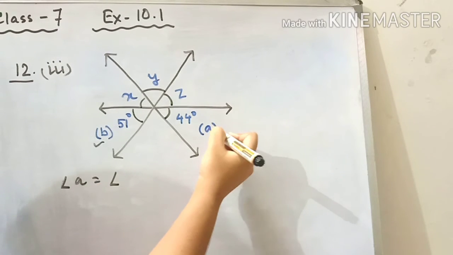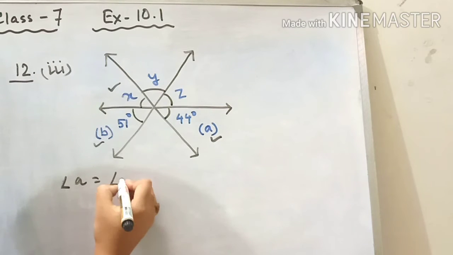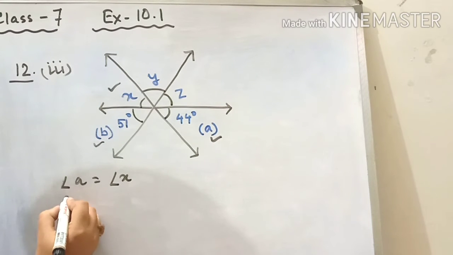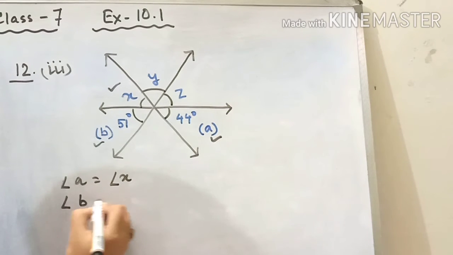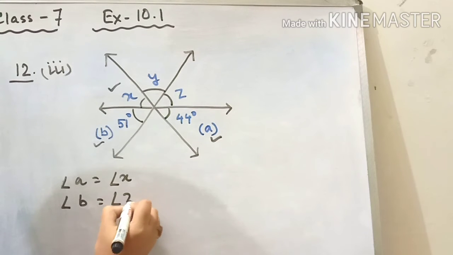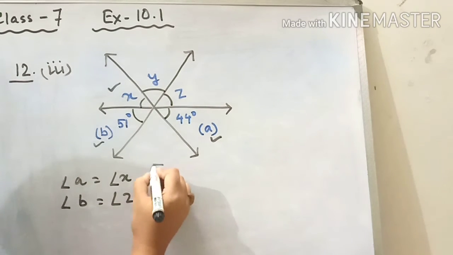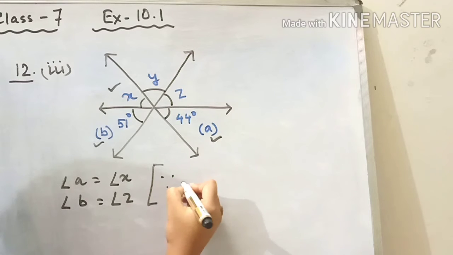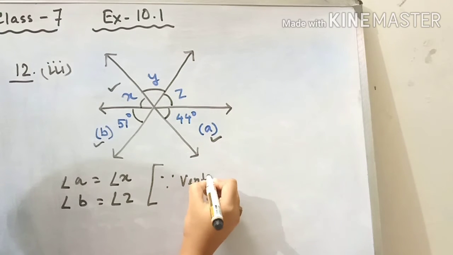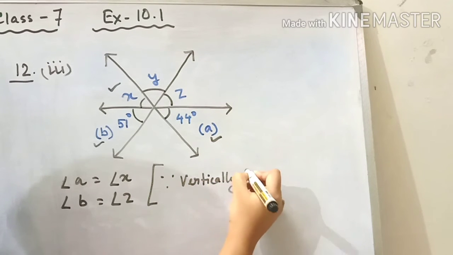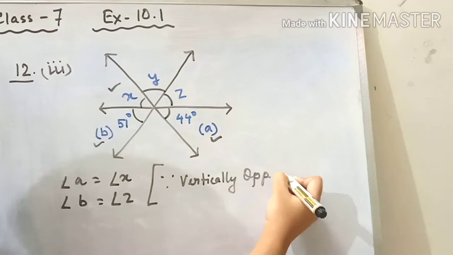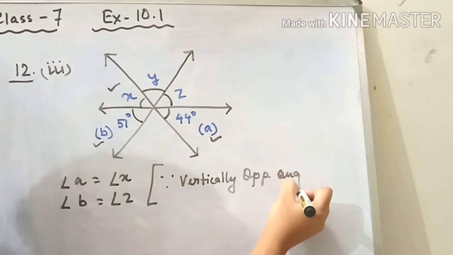Therefore, we are going to just find out which are the vertically opposite angles. Now angle A and angle X is vertically opposite, first set. Angle B and angle Z is vertically opposite as well, right? So they are vertically opposite angles.